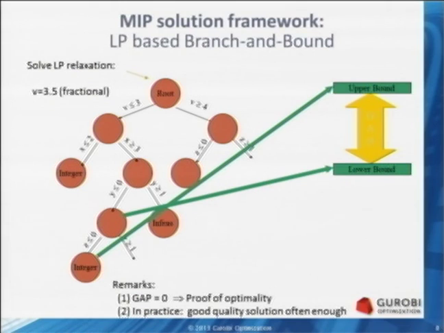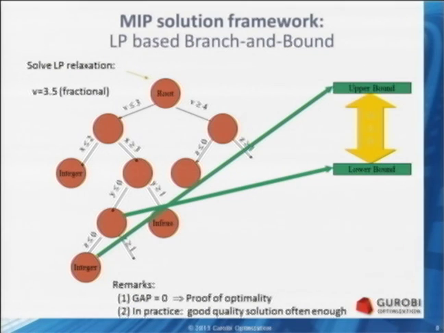At any point in the branch and bound process, you'll have a lower bound, which is going to be the worst relaxation value for any unexplored node in your tree. So basically, at any point you have what's called a frontier, a set of unexplored nodes.